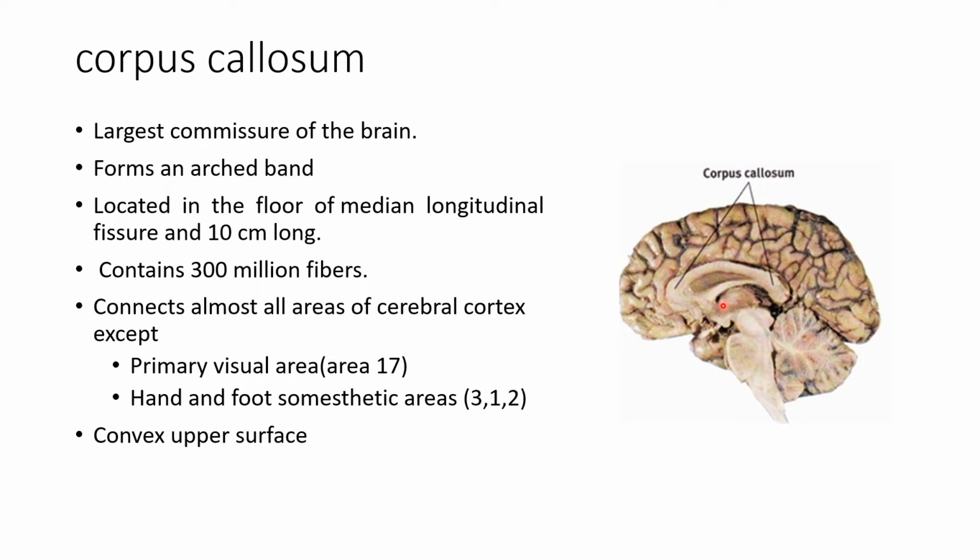It is white matter, that you have to remember, and it connects almost all areas of the cerebral cortex, except the primary visual area, that is area 17 nearer to the occipital pole, and the somesthetic areas connected with the hand and foot, that is areas 3, 1, 2 in the postcentral gyrus. In this image, the corpus callosum has a convex upper surface, and the other white fiber you are seeing is the fornix, the commissure of the fornix.